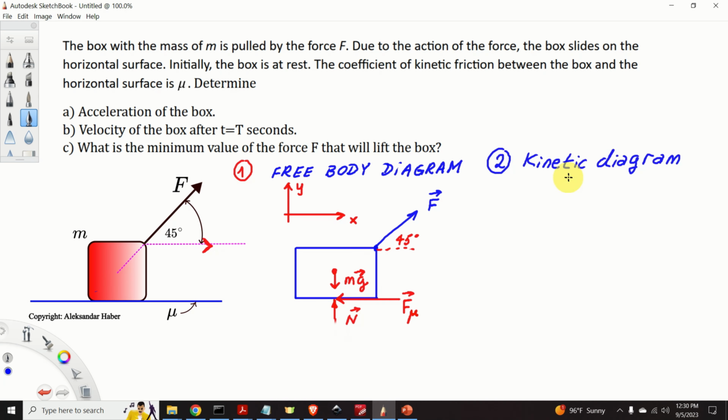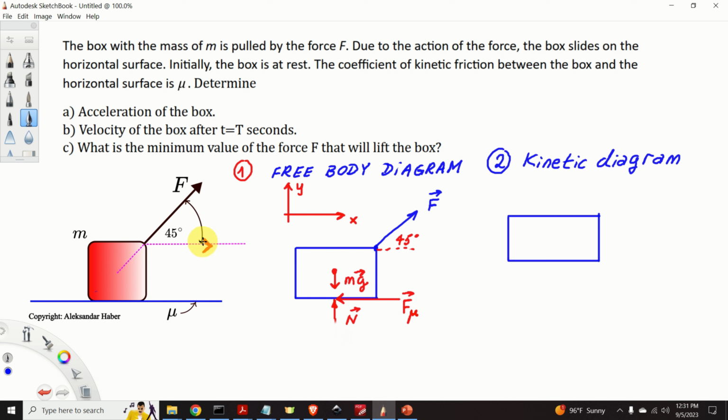In step number 2, we need to construct the so-called kinetic diagram. To construct the kinetic diagram, we will draw our box once more. Here it is. And we need to draw the acceleration vector. Obviously, over here, we know precisely the direction of the acceleration vector.